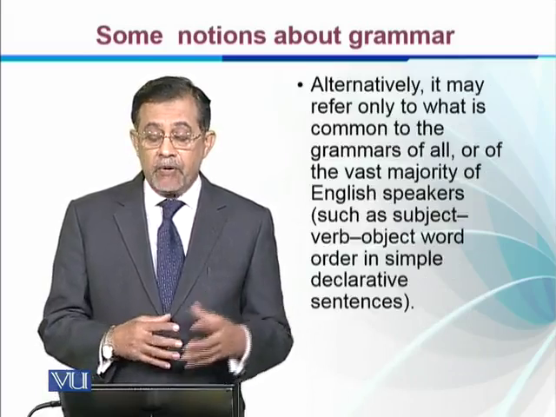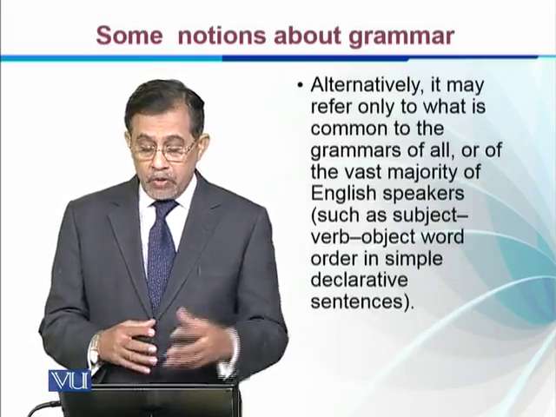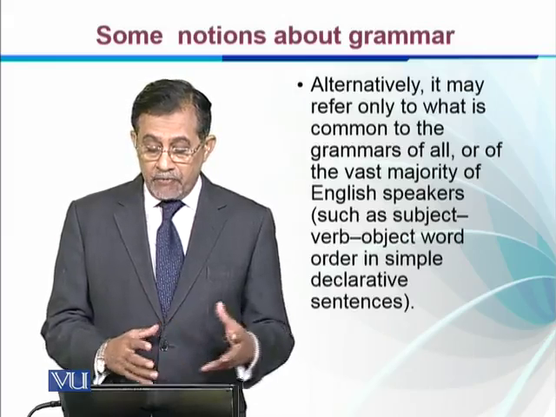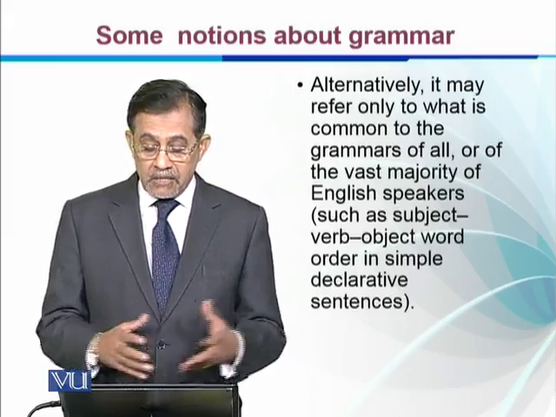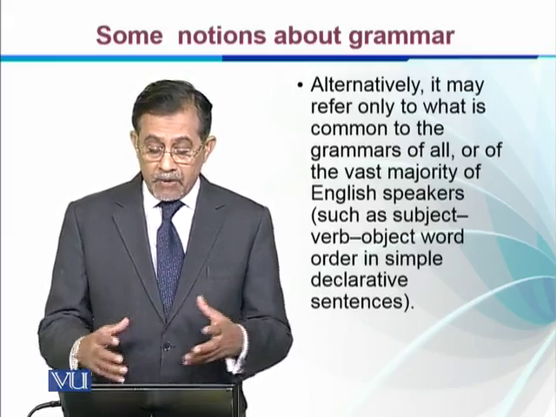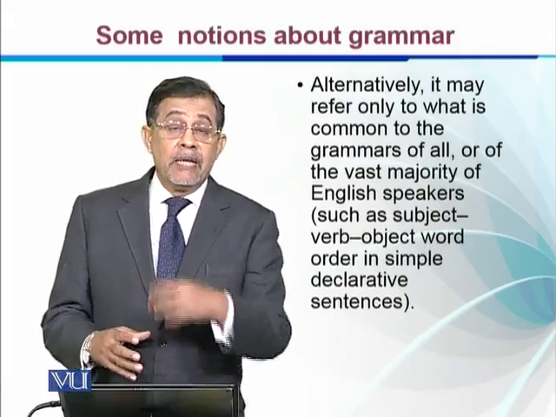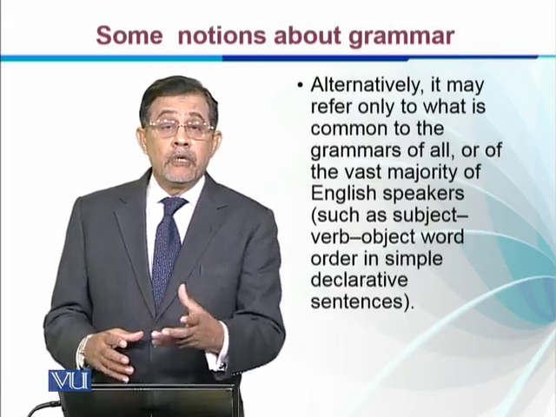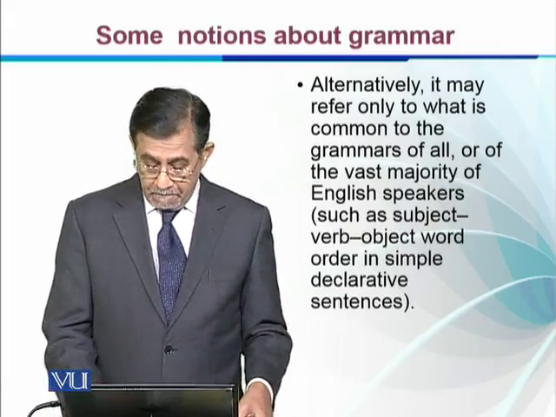Alternatively, it may refer only to what is common to the grammars of all or of the vast majority of English speakers, such as subject, verb, object word order in a simple declarative sentence. So at different times we use this word to have a different meaning.